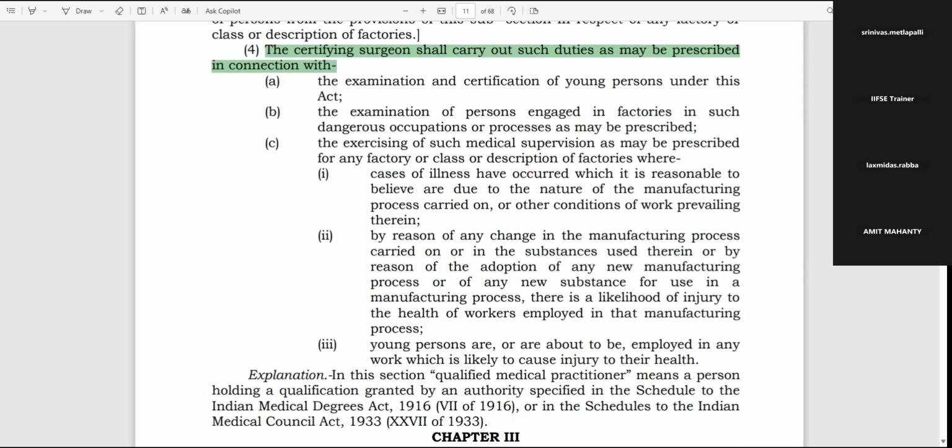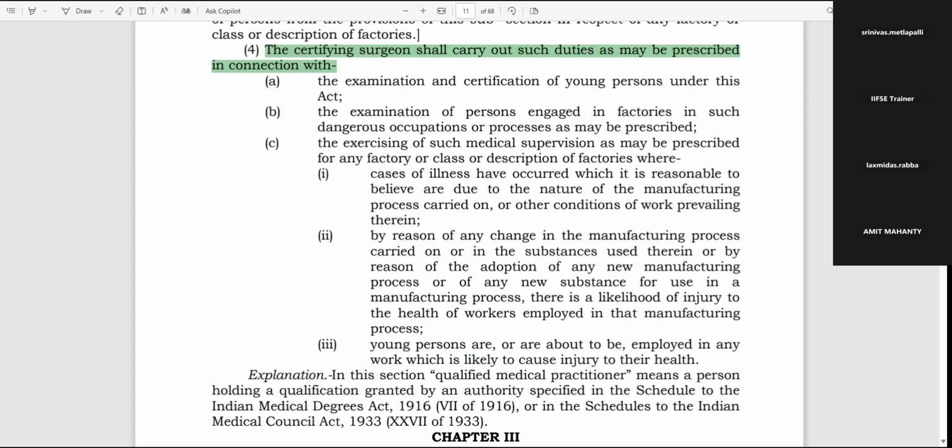The examination of persons engaged in the factories in such dangerous occupations or processes as may be prescribed, exercising such medical supervision as may be prescribed for the factories or the class or description of factories, where cases of illness have occurred which it is reasonable to believe are due to the nature of the manufacturing process carried on. So illness, that is occupational ill health which has happened due to the manufacturing process of the company.